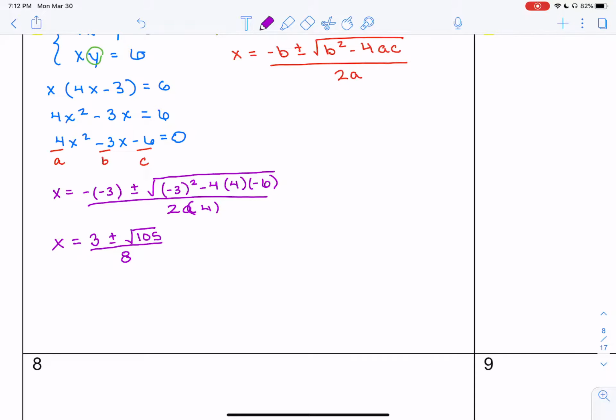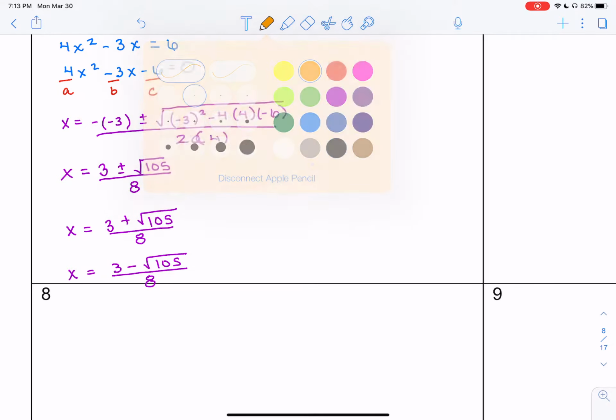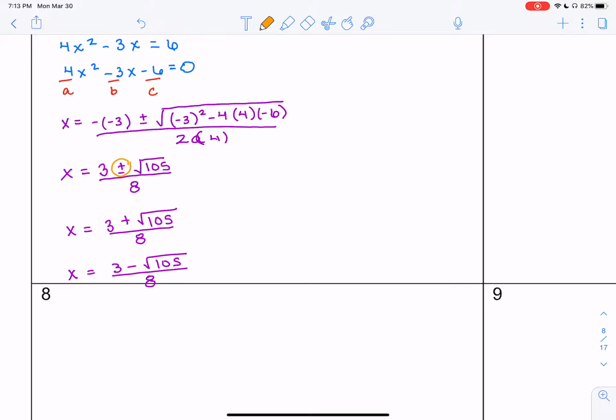It stays as a radical 105. But now I want you to remember the plus minus component says there are two separate solutions. This actually means x is 3 plus square root 105 over 8, and x is 3 minus square root 105 over 8. So I have two separate solutions based on the fact that I had a plus minus.